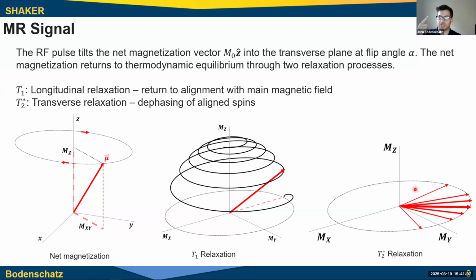Initially they're all spinning in phase after this initial tip, and then they start to dephase in the transverse plane over time. This one is of particular interest in fMRI. We're looking at a T2 star effect, the BOLD response that comes from blood oxygenation. So this one is, for our purposes, maybe more interesting, but both are incorporated in our later work.